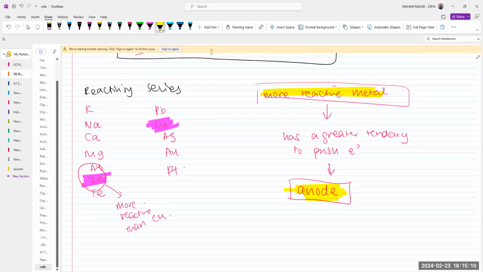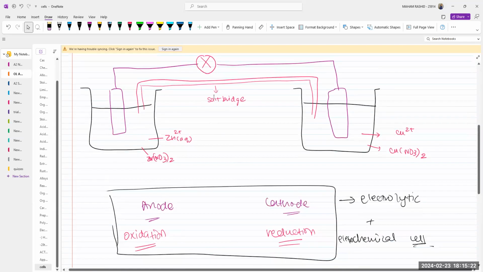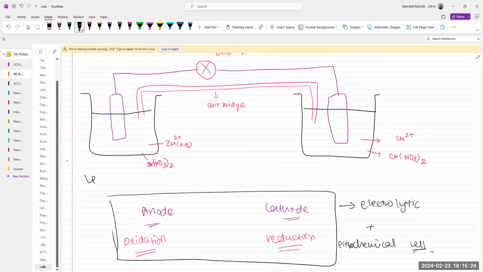The more reactive metal in this case is zinc, right? So zinc here will be your anode. Where is zinc? Zinc is on the left side. So this electrode is your anode. And obviously this one turns out to be cathode.